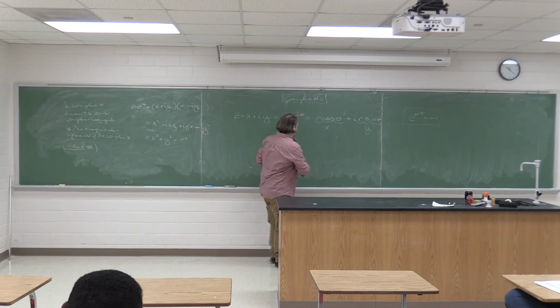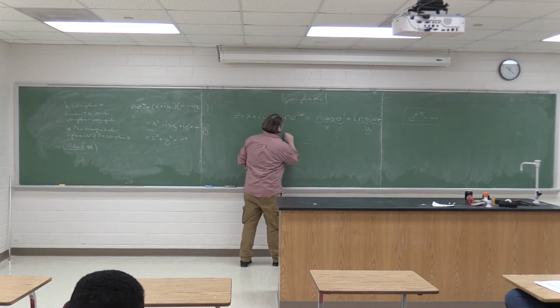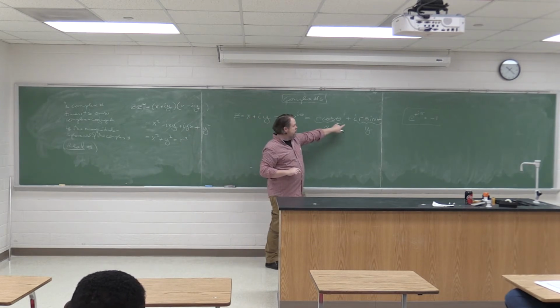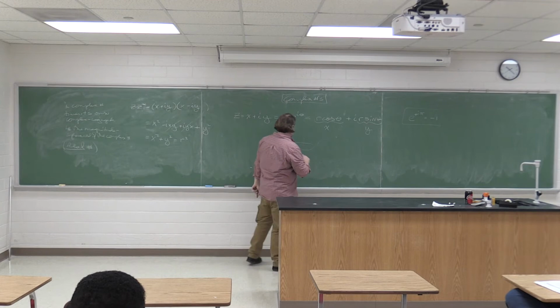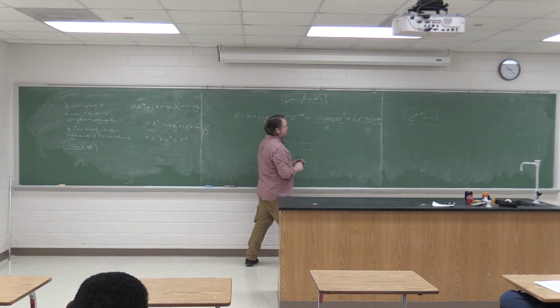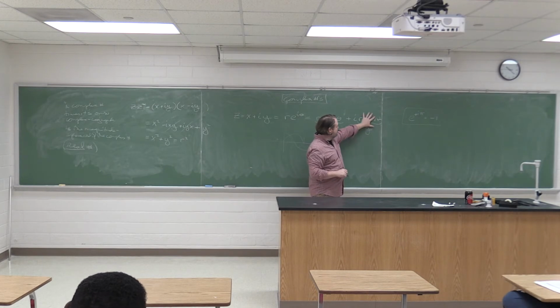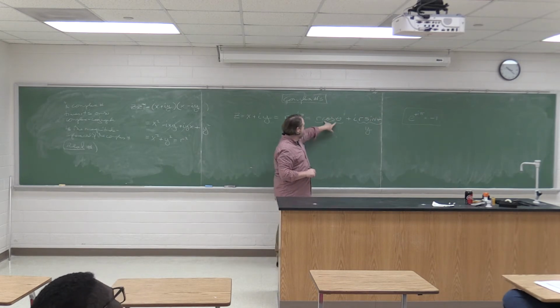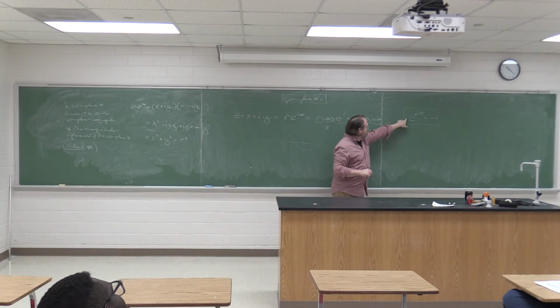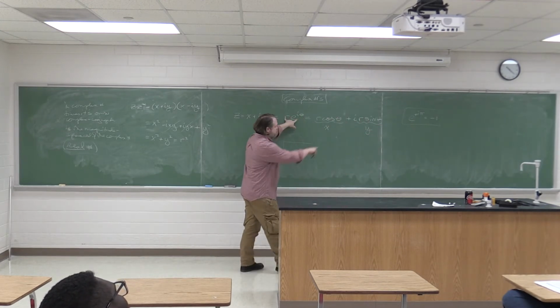So cosine has gone to -1. Right? What's sine of 180? 0. So if we put in pi, this is 0. This is -1.